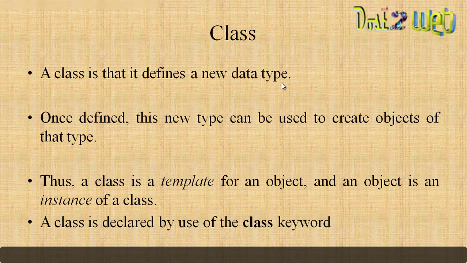Once you define the new type, it can be used to create objects of that type, with the variables height and width. Therefore a class is a template for an object, and the object is an instance of the class. Whatever object you define becomes an instance.